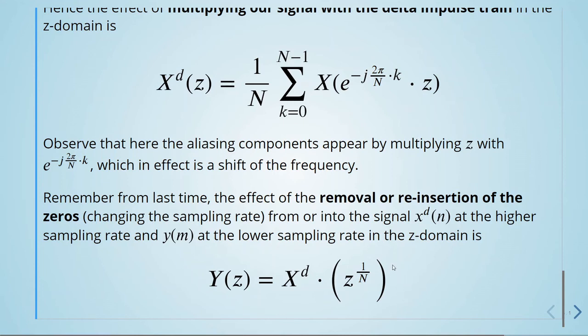So here we have the effect of the removal or insertion of zeros, changing the sampling rate from or into the signal at a higher sampling rate. And here we have y of m at the lower sampling rate in the z-domain.